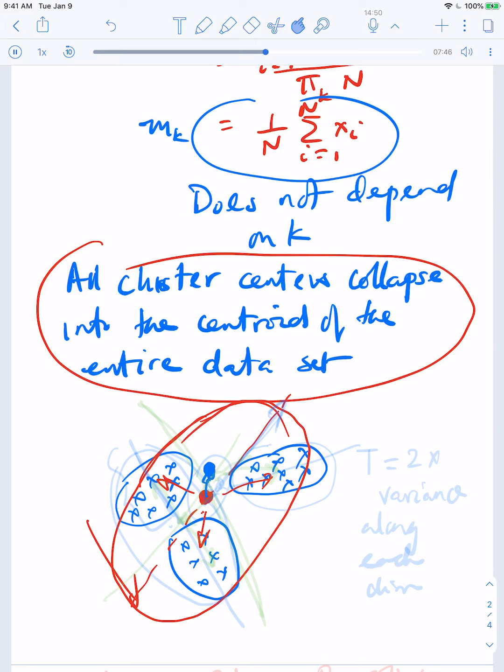The key idea, and this is the reason it's called deterministic annealing, is that as I lower the temperature, there are these phase transitions that happen. Remember that the temperature is 2 times the variance that we are allowing along each dimension.